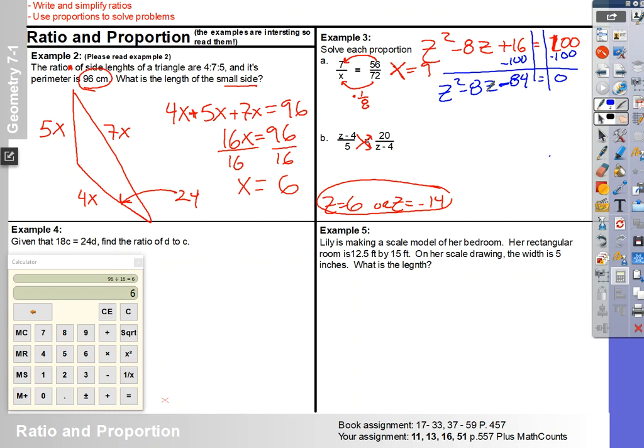Well, 6 and 14? I think so. I mean, 6 times 14 is 84. All right. So we have z minus 14 times z minus 8.